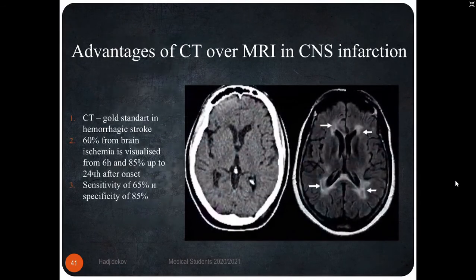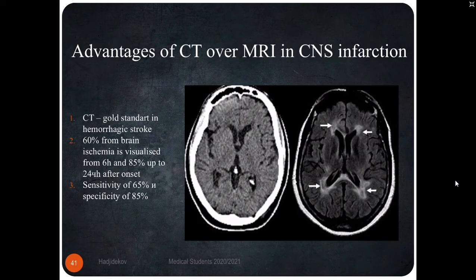So of course, for those situations, CT is the gold standard in cases of hemorrhagic stroke. So if we are dealing with hemorrhage, we should go for CT. 60% of brain ischemia is visualized from 6 hours after the onset, and up to 85% can be diagnosed in the first 24 hours after the onset of the disease.